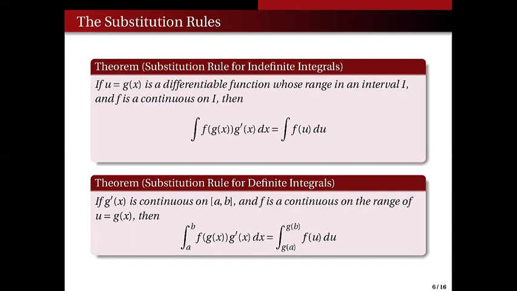In fact, in here, a and b are actually x equals a and x equals b. But your u is equal to g of x, and you have here du.